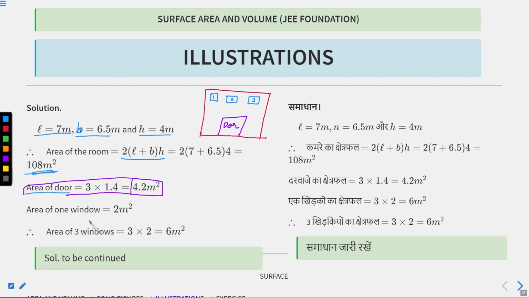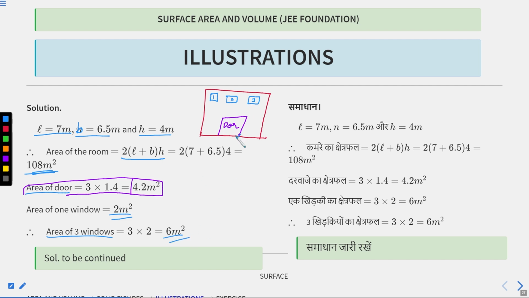So area for one window is 2 meter square because the dimension was 2 and 1. So L into B we will get 2. Okay, so it is 2 meter square. Now area for 3 windows, so the total area for the windows is 6 meter square.